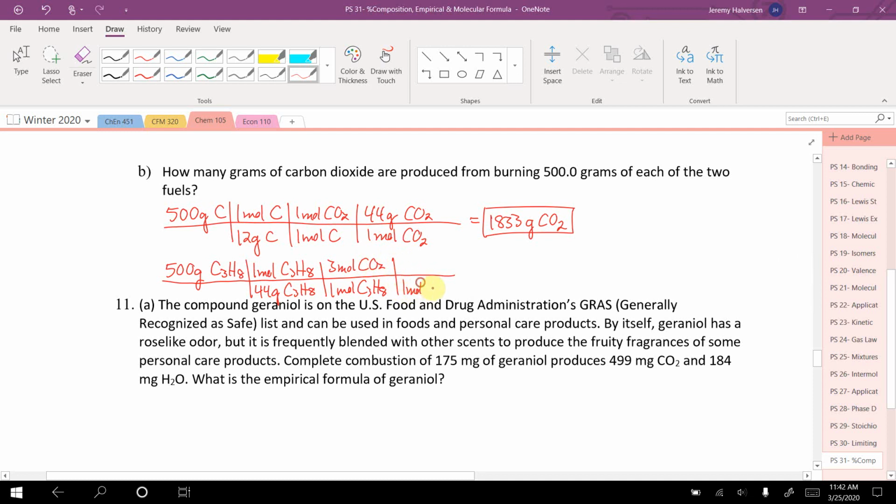And then I know 1 mole of CO2 is 44 grams. So 500 grams of C3H8 is going to make 1,500 grams of CO2. All right.